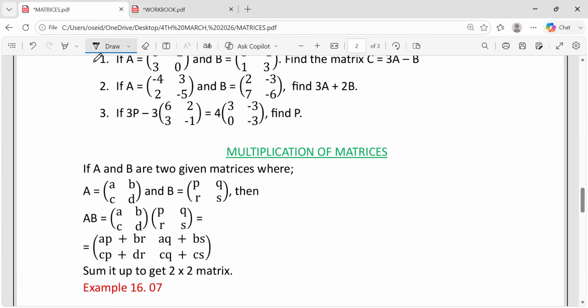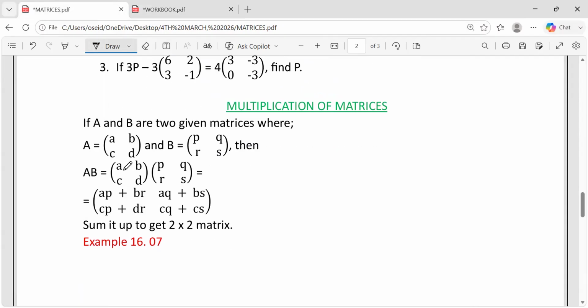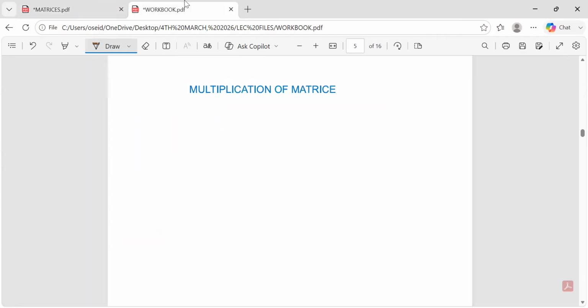So multiplication of matrices. We say that if A and B are two given matrices, where matrix A equals a, b, c, d, and matrix B equals p, q, r, s, then AB equals the components of A multiplying the components of B. So this is what we are trying to say.